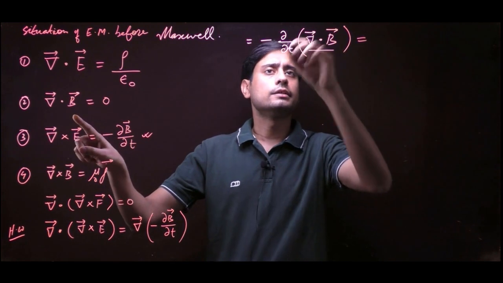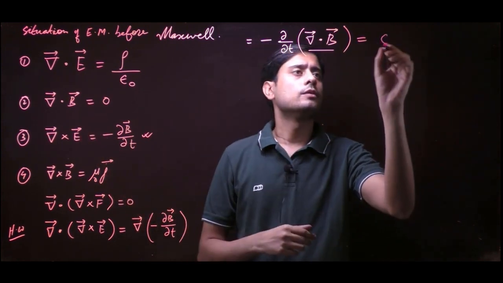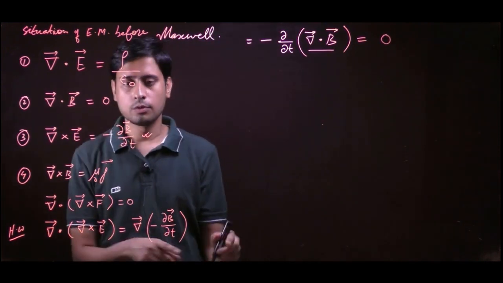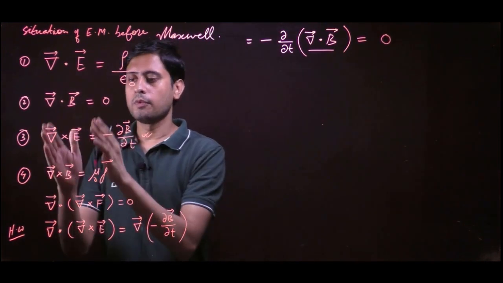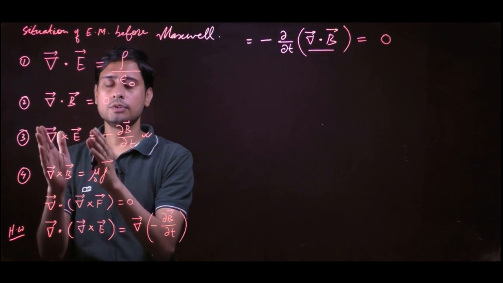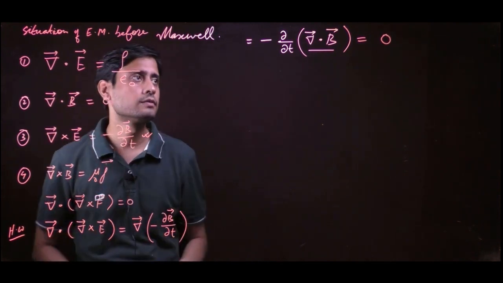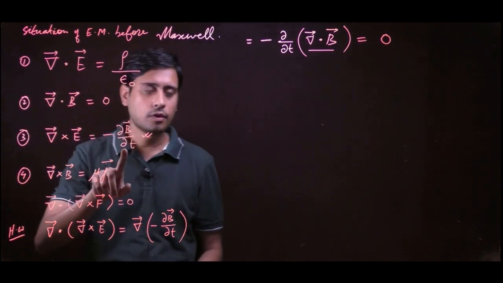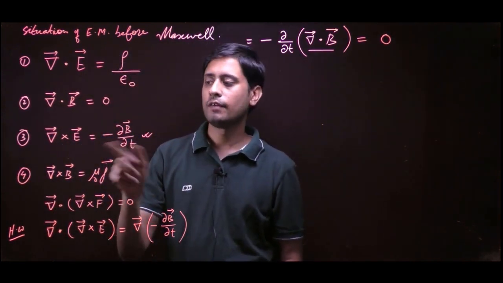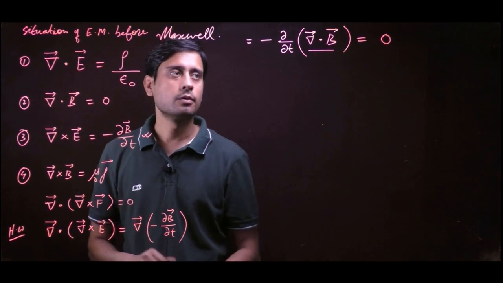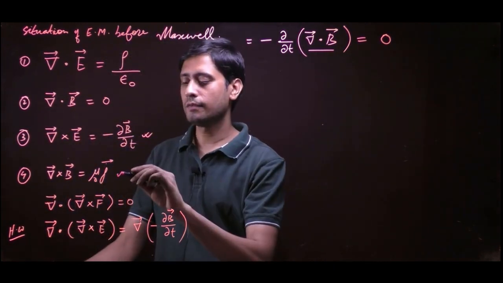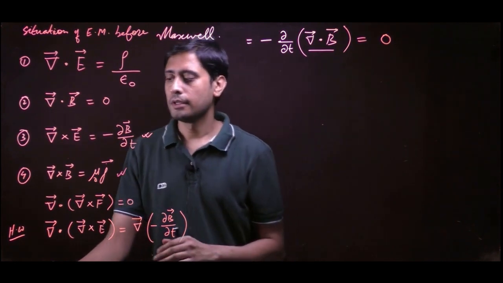So the derivative of 0 should be 0, and now you get that this is 0. For the left hand side we know that it should be 0, and for the right hand side you are getting 0, because you are using the second law for the divergence of the second term. So it's all okay.